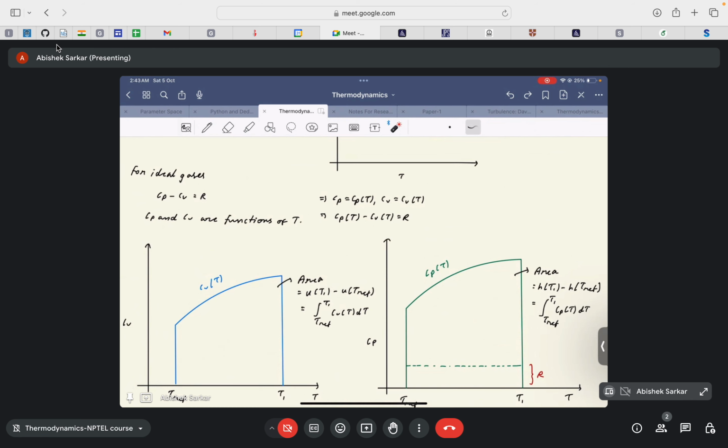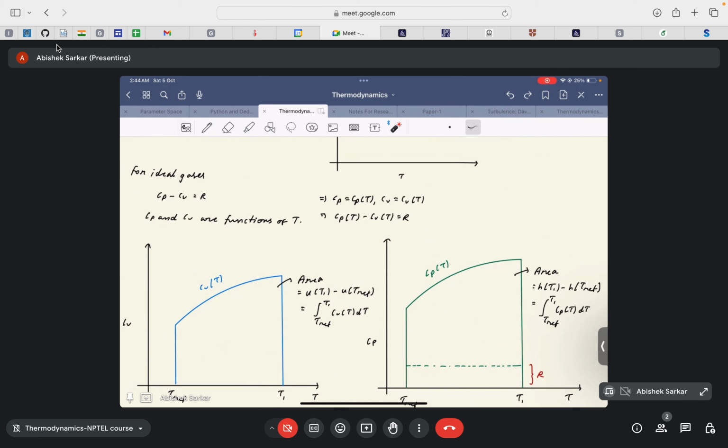In the Cv versus T plot or Cp versus T plot respectively, the integration of the area under the curve for Cv versus T gives you the total internal energy for an ideal gas, and the integral of the area under the curve of Cp versus T gives you the total enthalpy in the case of an ideal gas.